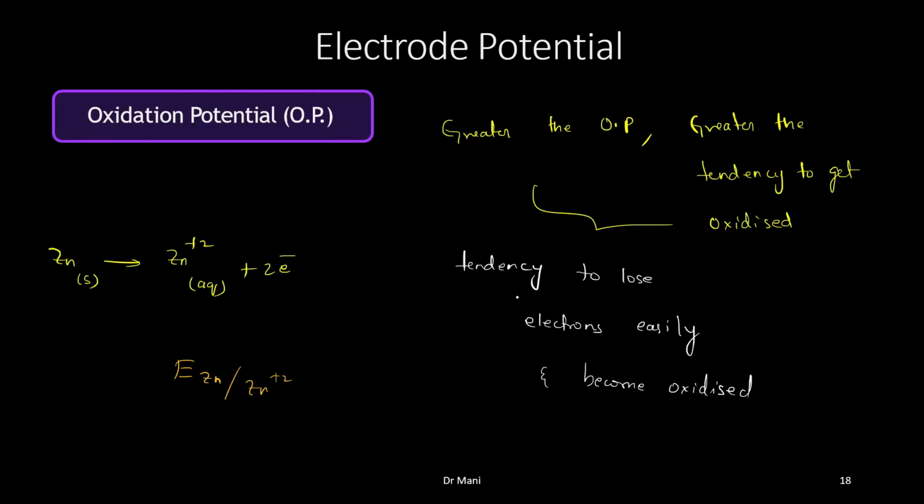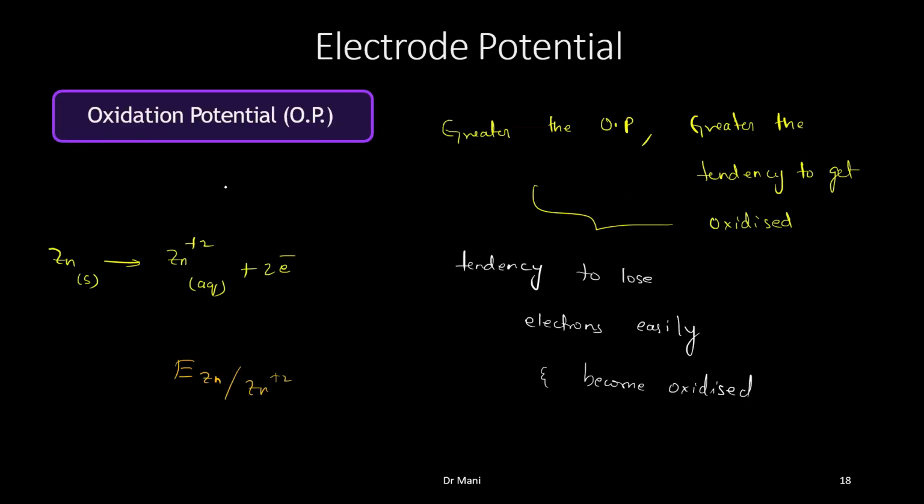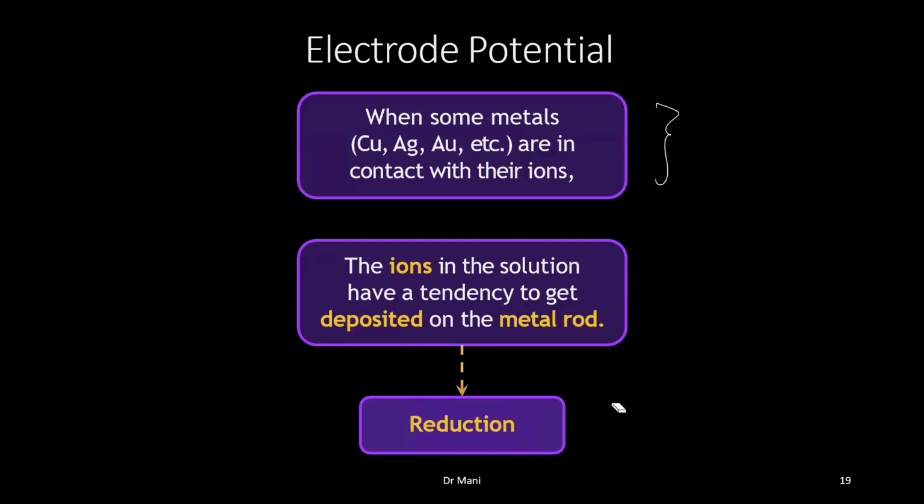Once oxidation has happened, the other thing that takes place is reduction. Oxidation happened on the electrode, where it breaks down and releases the electrons. Now these electrons come into the solution. In that solution, now the reduction should happen. So the ions in the solution have a tendency to get deposited on the metal rod. Reduction will happen.